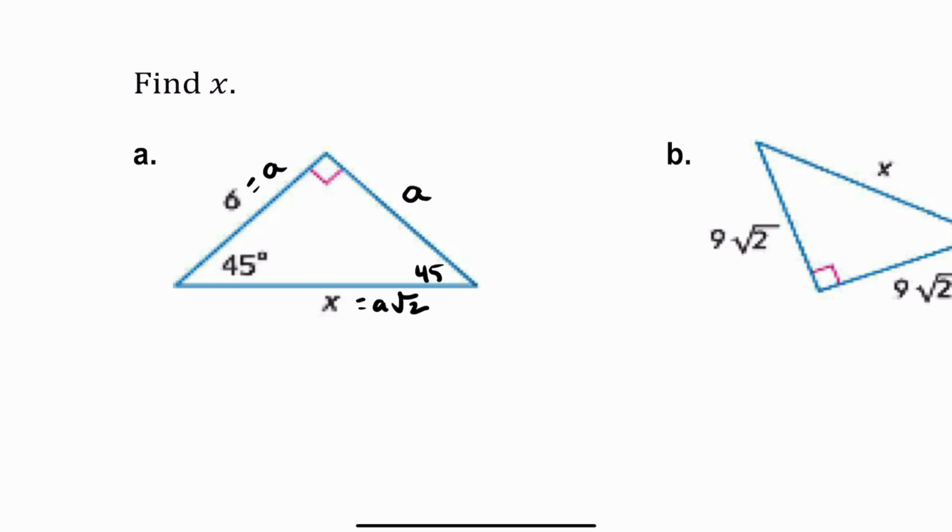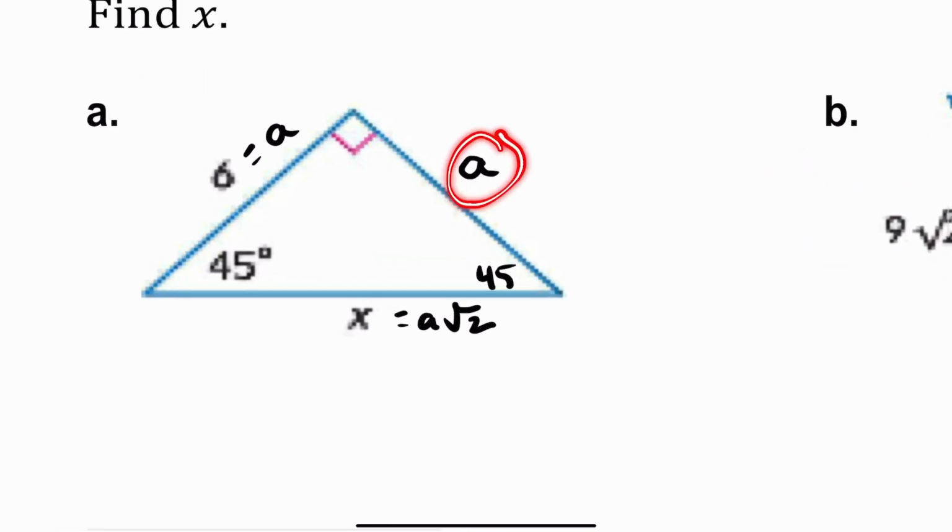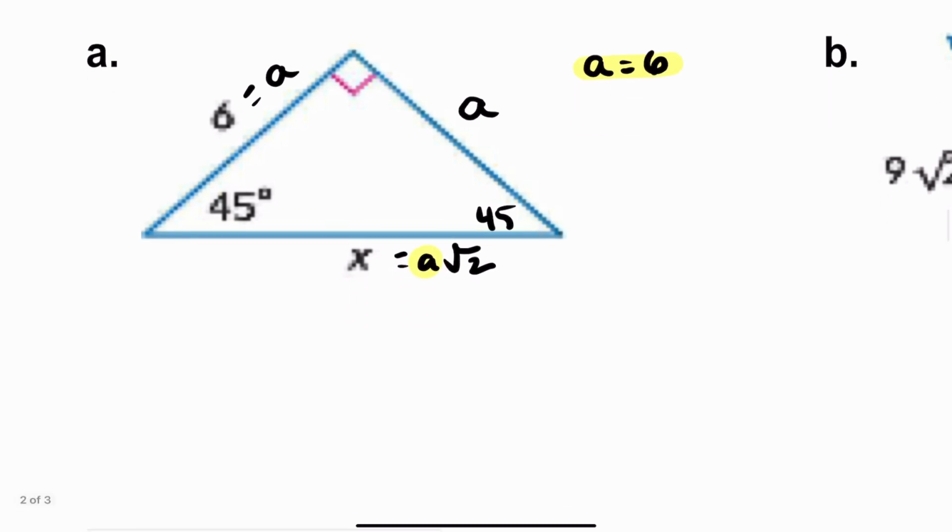So let's take a look at this. Here's A. This doesn't give me enough information. But if I look at this, we know that A is equal to 6, right? And X is equal to A root 2. So X is equal to A root 2.